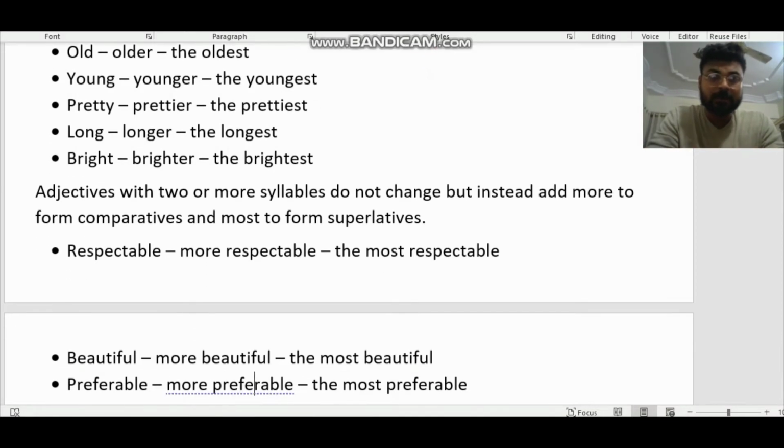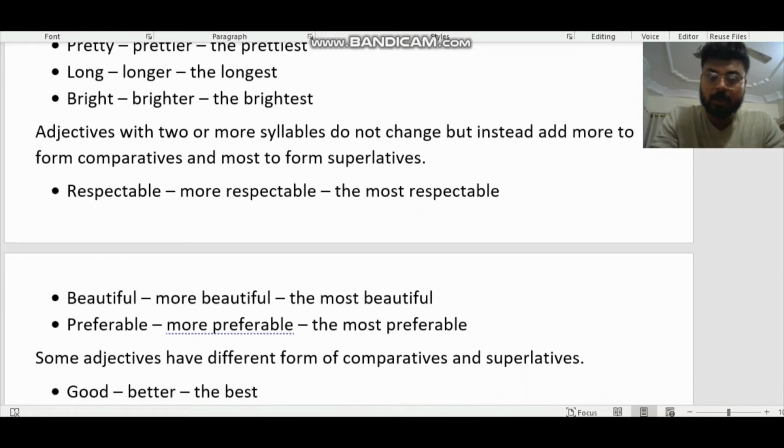So examples: respectable, a 3-syllable word, so it goes to more respectable, or the most respectable. Beautiful, more beautiful, or the most beautiful. Preferable, more preferable, or the most preferable. The given examples are with words that have more than one syllable.